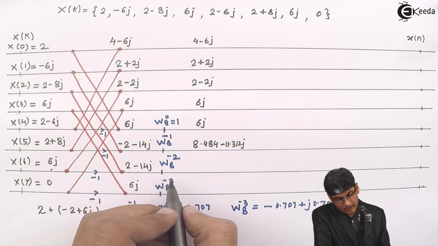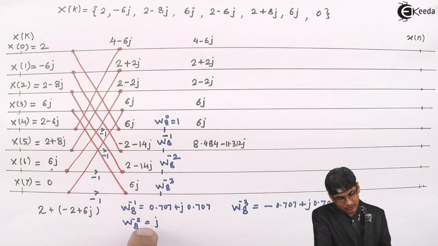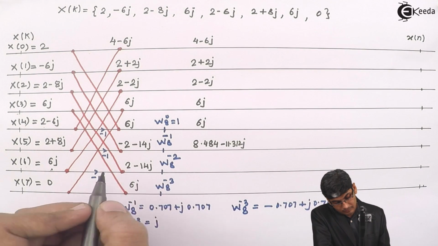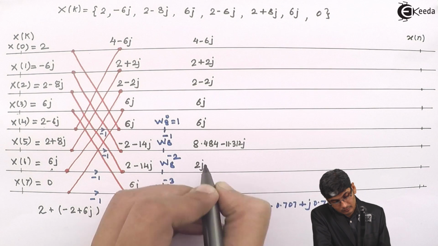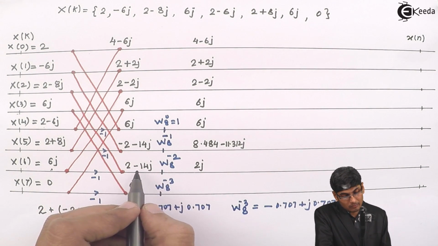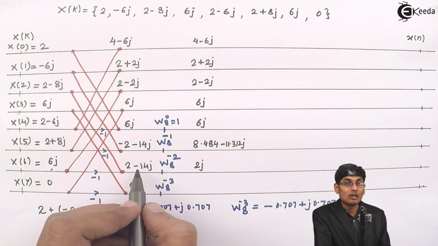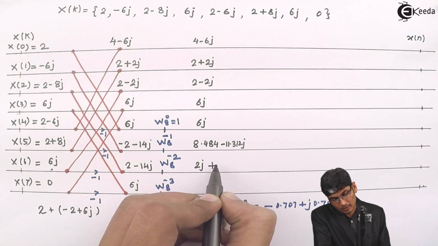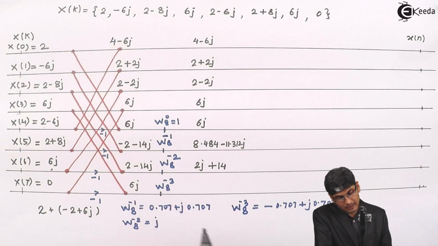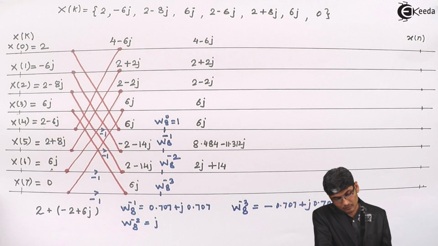Next is W8 raised to minus 2, which is J. So when I multiply this with J, this will give me 2J, right, and then I'll get minus 14J into J, which is 14J square, which is minus 14. So I'm going to get it as plus 14.